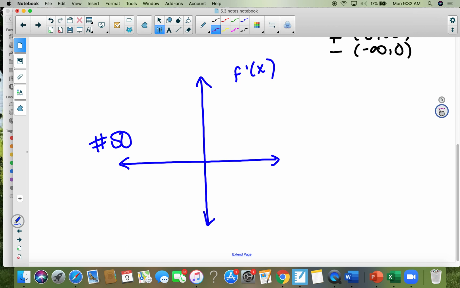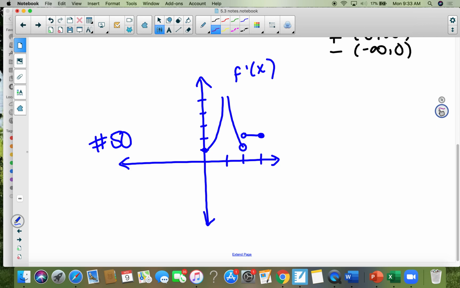It's really important that you understand whether it's a derivative graph or an original graph. If you look at problem number 50, at 1, 2, and 3, and then it goes up 1, 2, 3, 4, 5, this is closed. And it goes all the way up to here and stops. And then it comes down and makes an open circle. And then at 2, there's an open circle to a closed circle.